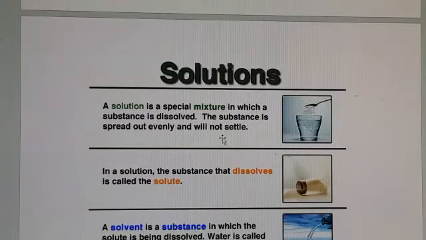It means if you add sugar into the water, the total sugar substance gets dissolved into the water without leaving anything behind. That is called a solution. In a solution, the substance that dissolves is called the solute. The substance in which the solute is being dissolved is called the solvent.